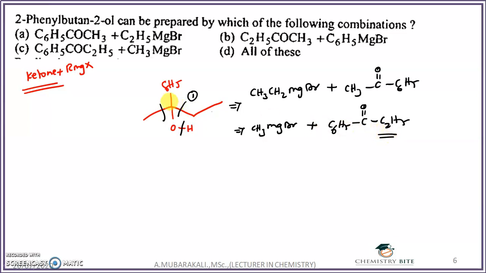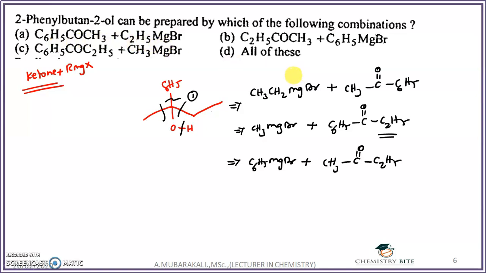Third chance is to break this phenyl. This phenyl can come along with the Grignard reagent in the form of C6H5MgBr. Now the leftover part is the ketone part, that is CH3-C=O-C2H5.